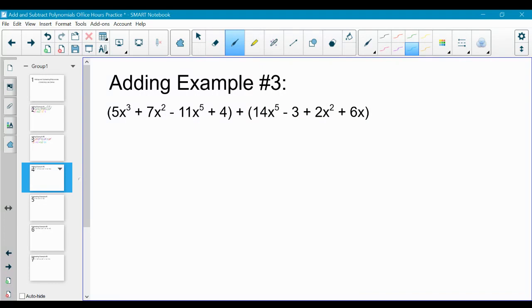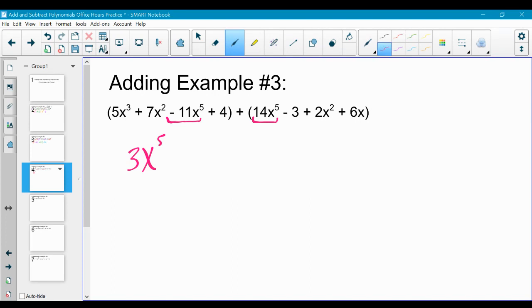All right, our last addition problem. Same idea. So I'm going to look at negative 5x to the fifth plus 14x to the fifth. So I'm going to end up with 3x to the fifth for my answer.